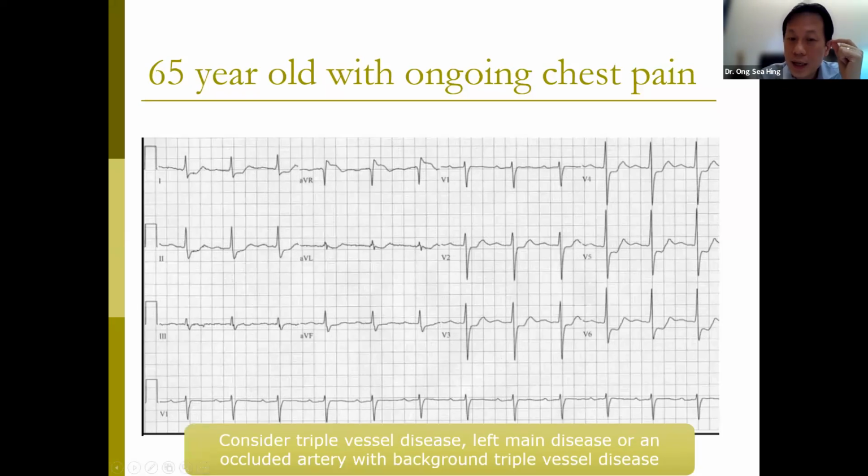This is either due to a severe triple vessel disease with a very, very tight coronary artery, or it could be left main stem stenosis, or it could be severe triple vessel disease with an occluded vessel.